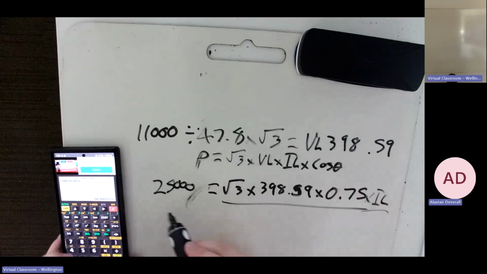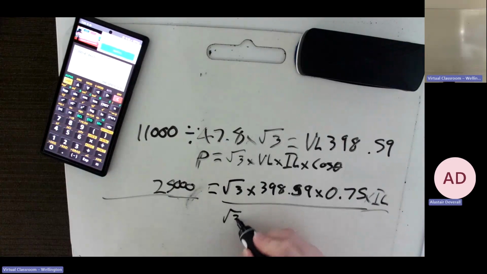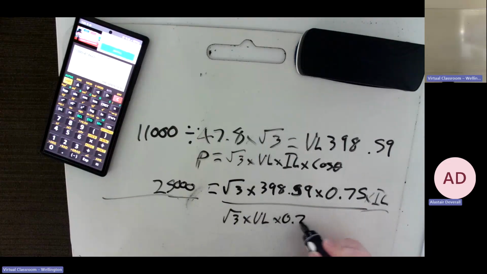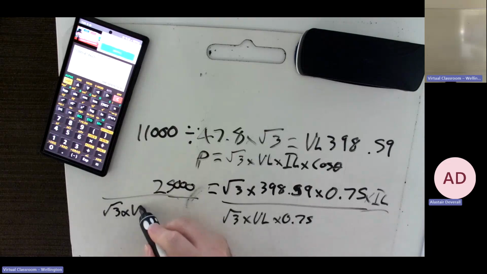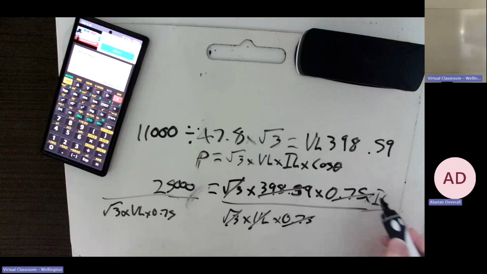And then we divide both sides by root 3 times our V line, which is our 398.59, times 0.75. We do the same on this side, root 3 times V line times 0.75. The root 3's cancel out, the V lines cancel out, the 0.75's cancel out. We end up with it just equaling I line.